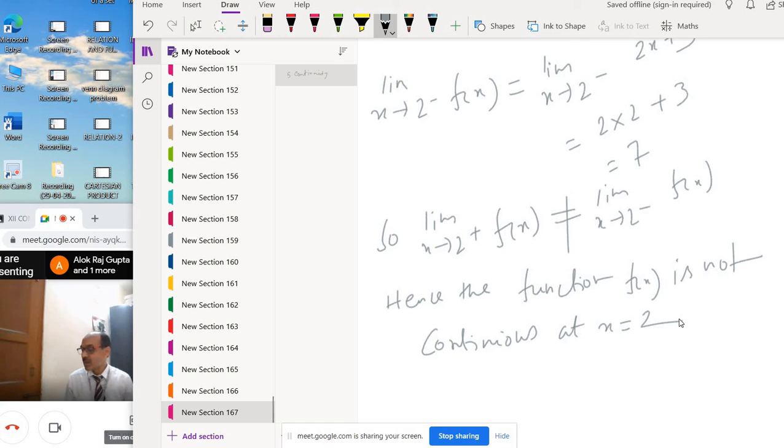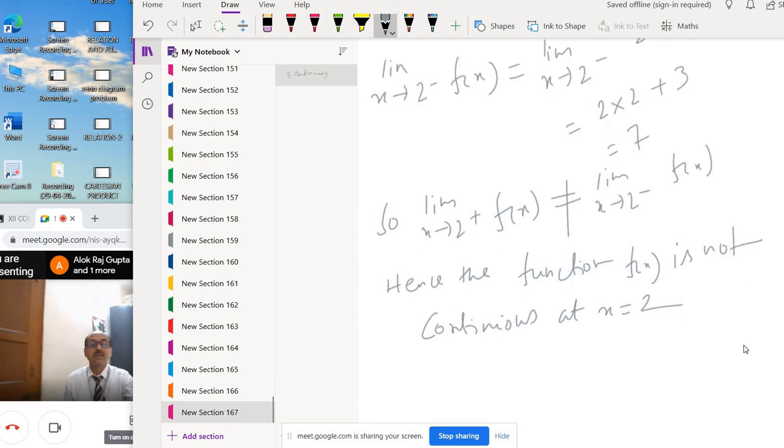Okay, so not continuous at x equal to 2. It is not continuous, so the discontinuous point is at x equal to 2. So the answer is, at x equal to 2, it is discontinuous.